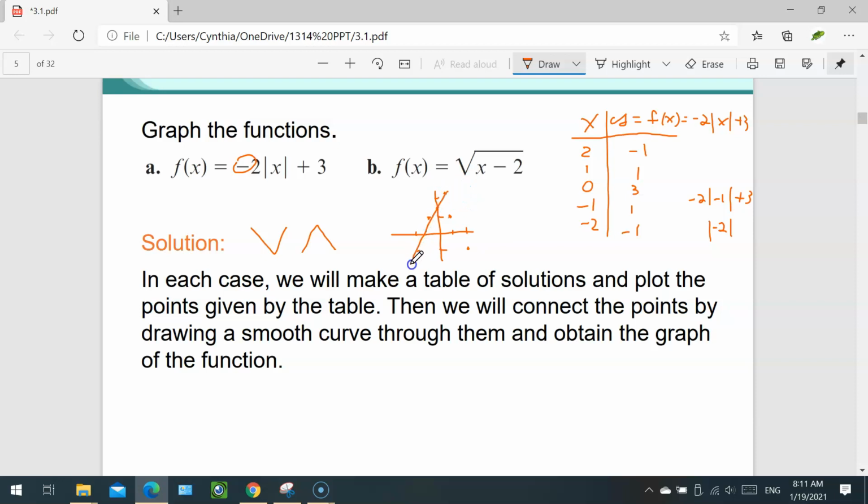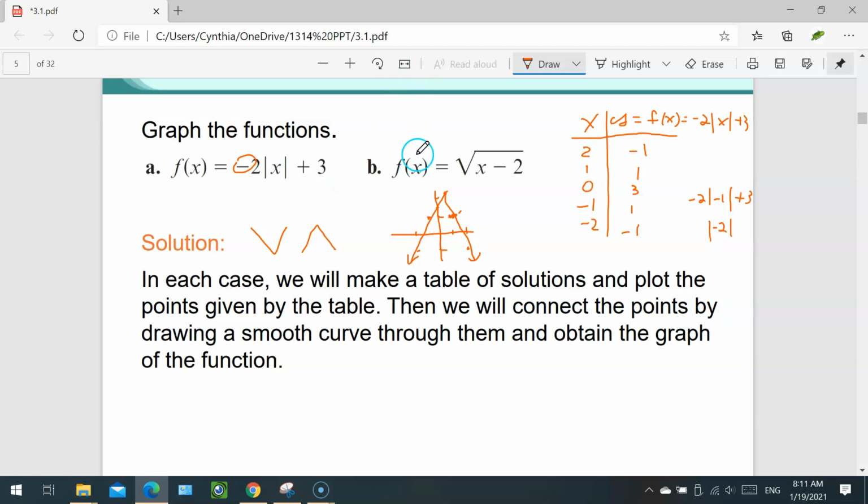Combining all the dots, I can sketch the graph. This point should be a little more toward the right. It's not very accurate, but this is the idea of sketching the graph by plotting points. And we are going to learn finding the vertex point to sketch the graph. I think that's a wiser way to do it.